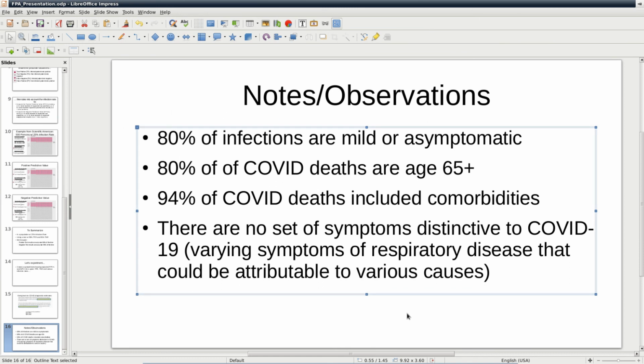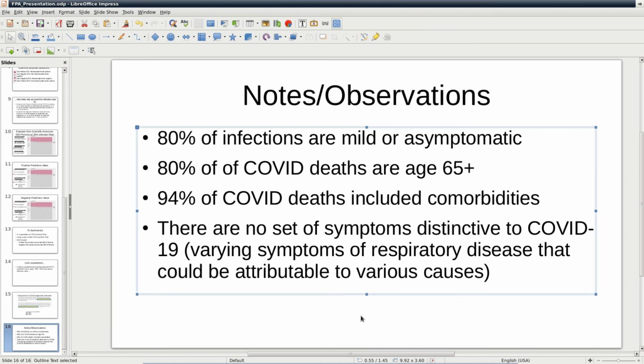Looking at all this together, it makes me scratch my head. If 80% of the infections are mild or asymptomatic, is it possible that, say, half of those are false positives? That seems reasonable. Say half of the people who die are actually not infected at all, given the accuracy of the test and the unknown infection rate and all the unknowns.